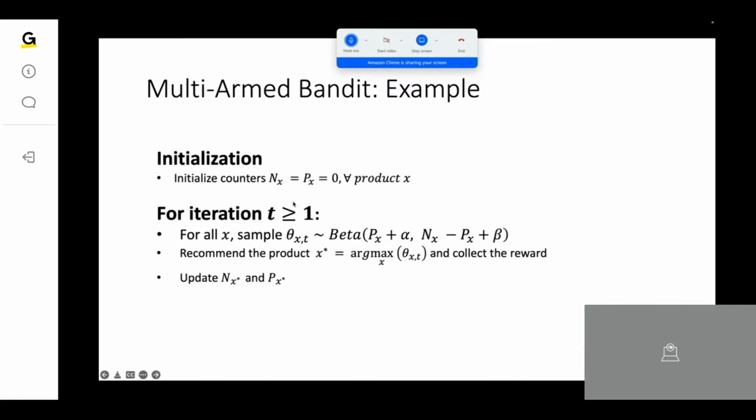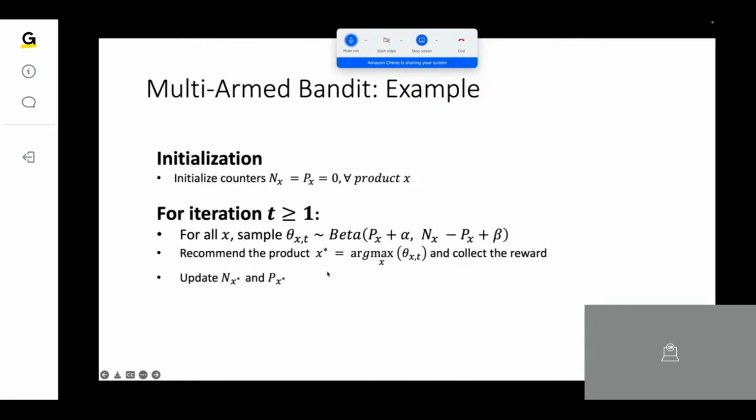Now the algorithm will proceed in this fashion. We maintain counters for each product, one for impressions and one for purchases. For every iteration, we sample a product from the posterior distribution and find out the value of the product, which is simply the parameter value because of the Bernoulli assumption here.